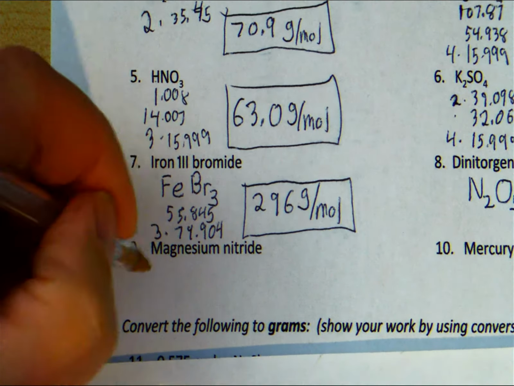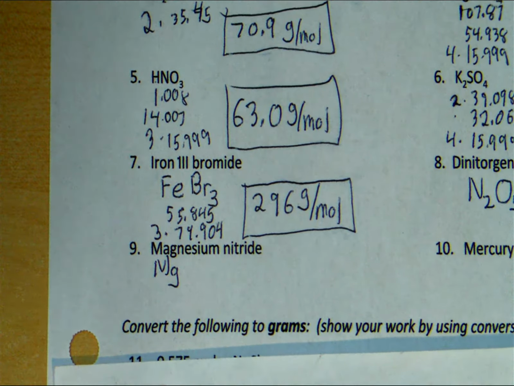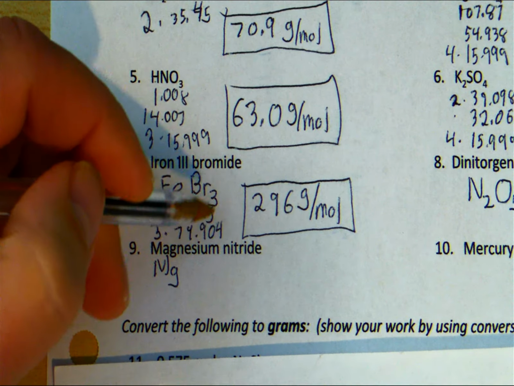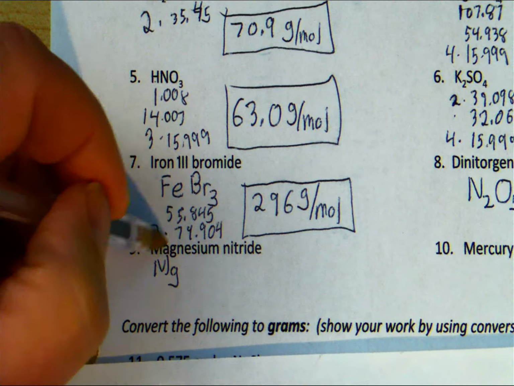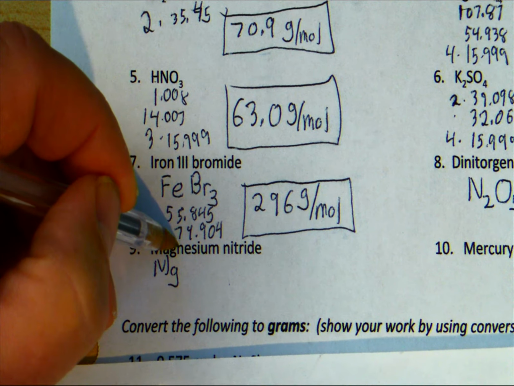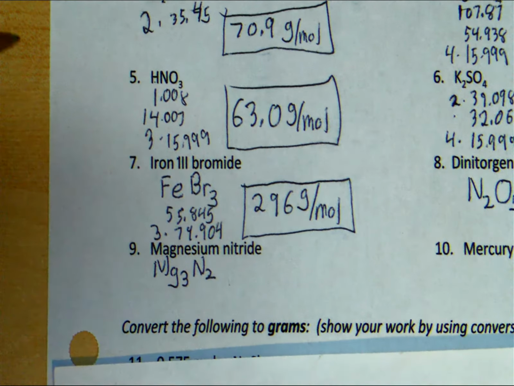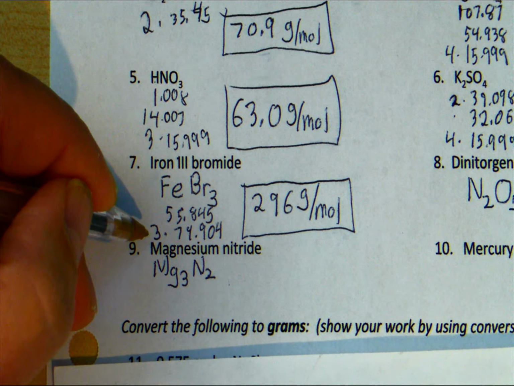Magnesium nitride. Well, magnesium is always a 2 plus charge, and nitride means just nitrogen, not nitrate, not nitrite, just nitrogen. Nitrogen is always a 3 minus charge. So I'm going to have to do a crisscross and do 3 magnesiums for every 2 nitrogens to make this electrically neutral.